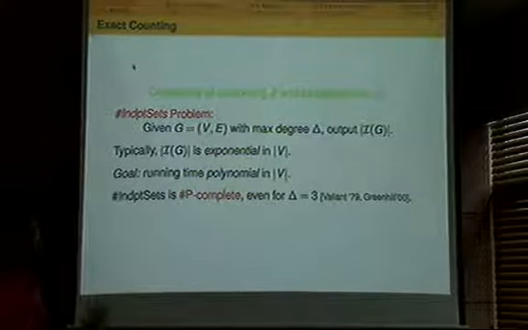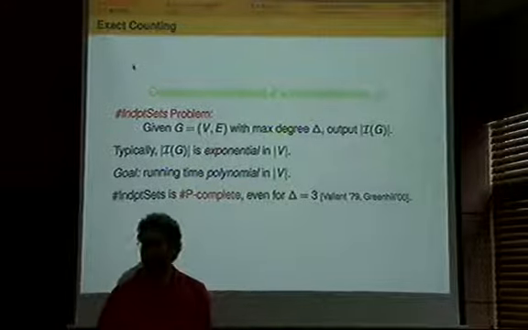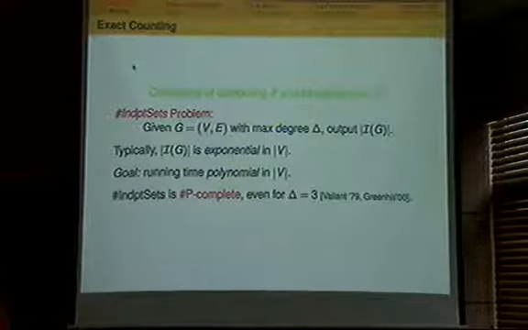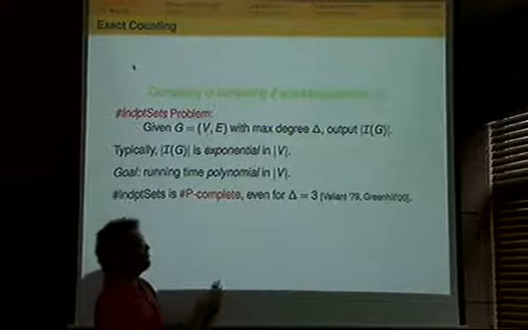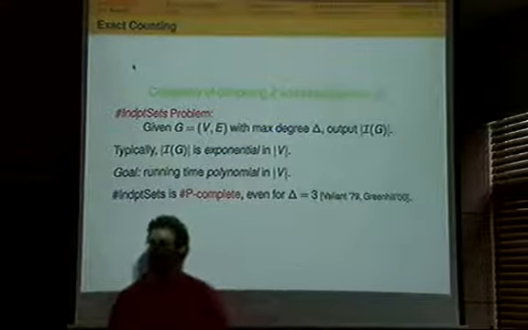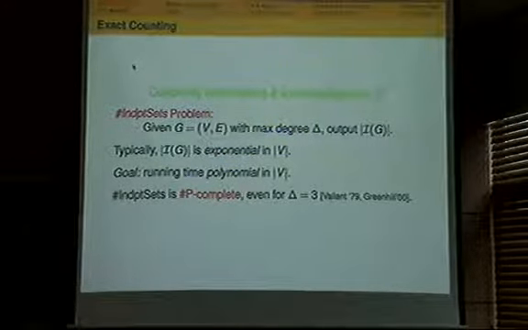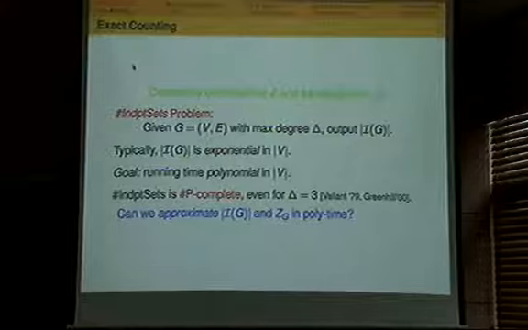And that holds even when I restrict to the class of graphs which have maximum degree 3. It's still sharp-P complete, so I can't hope to compute the number of independent sets exactly in polynomial time for all graphs of max degree 3. If the max degree is 2, it's easy, because you just have cycles.